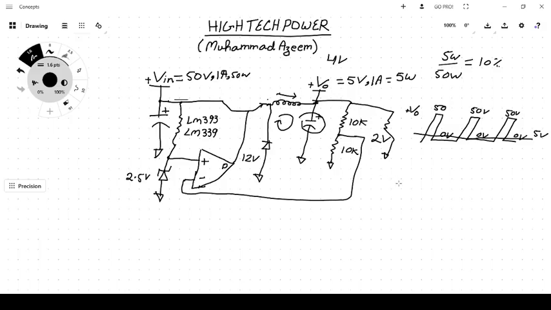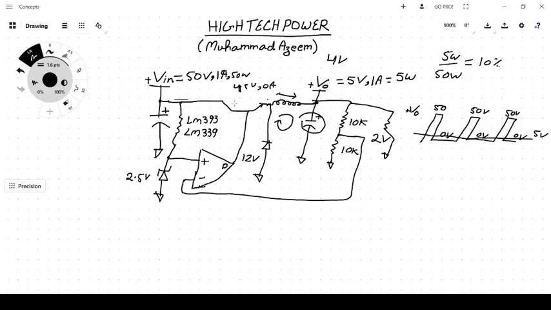So how is efficiency increased? When the transistor is off, the voltage across the transistor would be approximately 45 volt, although the voltage is 45 volt, but the current is 0. So the current is 0 ampere.